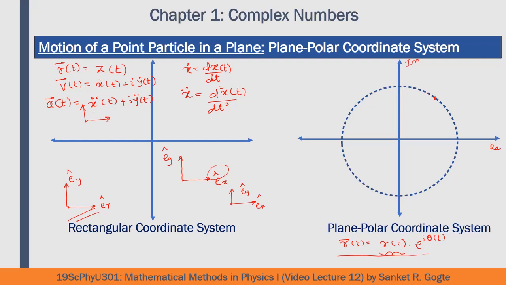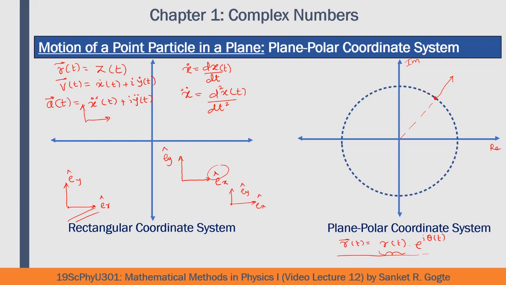Let's write down the unit vectors for a point which is represented by this dot in the plane polar coordinate system. The first unit vector is the radial unit vector, which has length equal to unity, and its direction is along the line joining the point and the origin, always directed outward from the center.